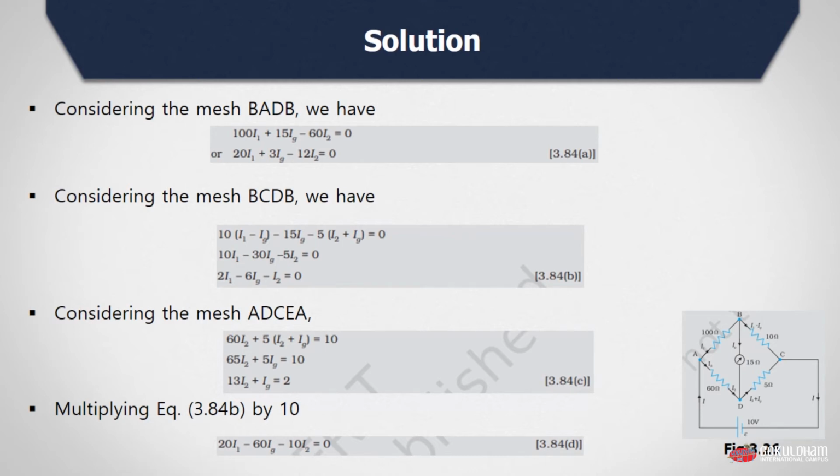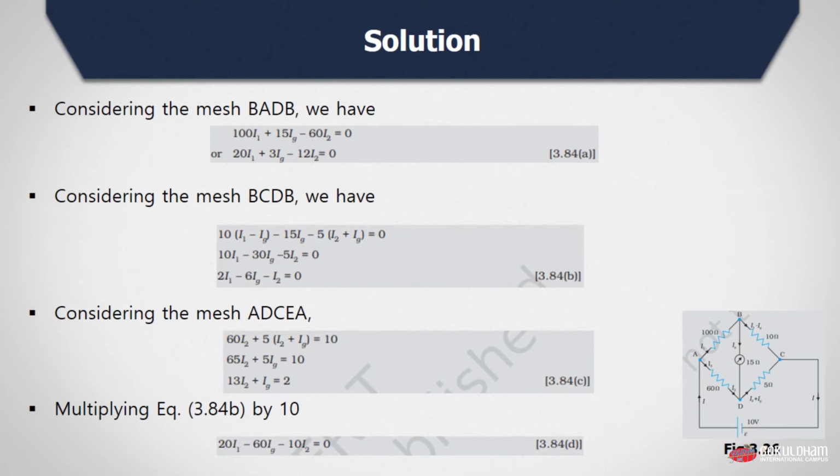Now considering the third mesh, or loop, ADCEA, we have 60 into I2 plus 5 into I1 plus Ig equals 10. So we have 65 I2 plus 5 Ig equals 10. How do we get 65?